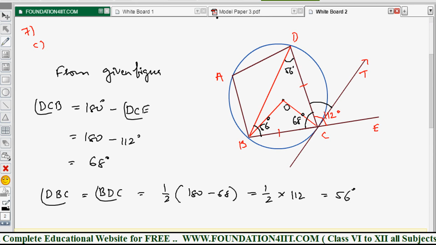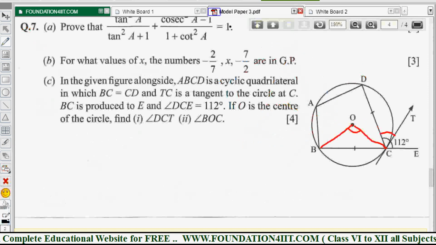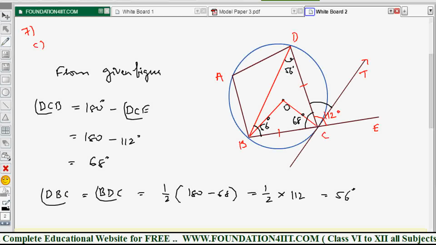Now see the property. We should find out the first one, DCT. Now CD is the chord and this is the tangent. So if you see the angles in alternate segment, this angle should be equal to the angle in the other side segment.